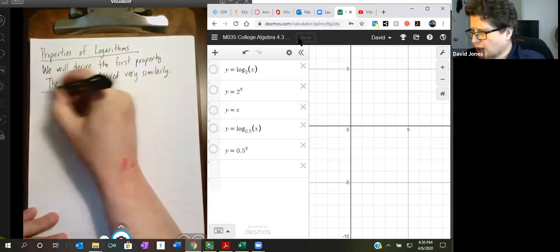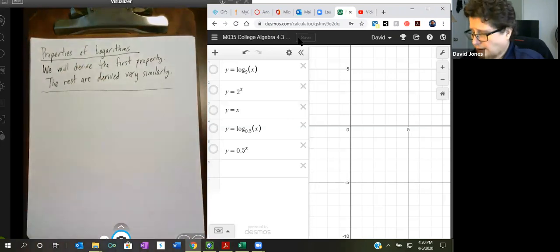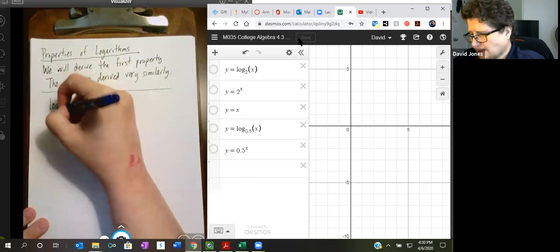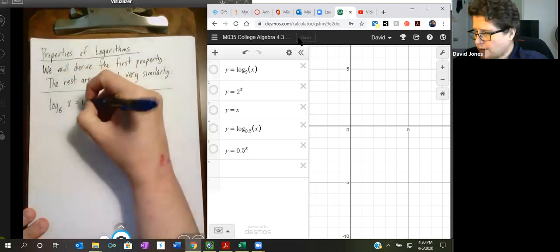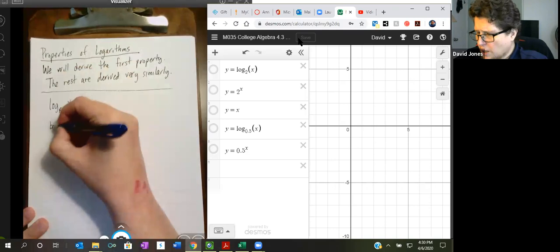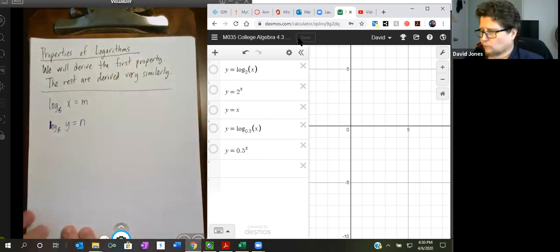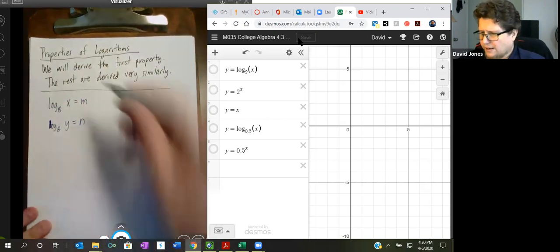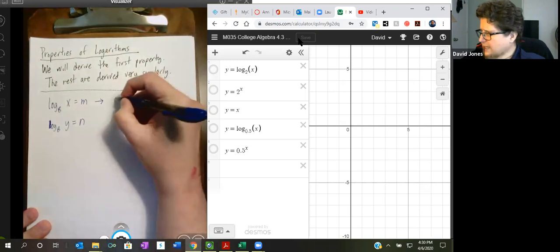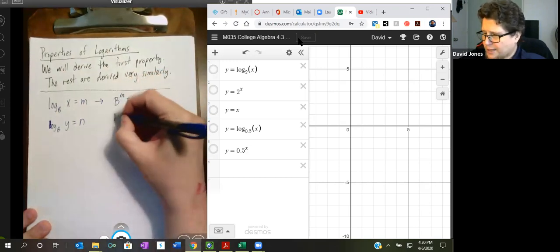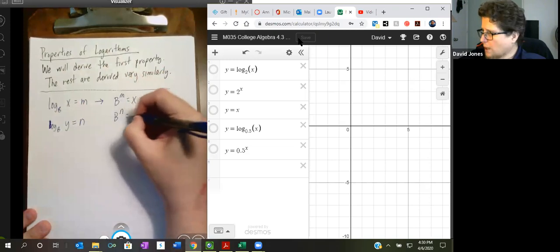So I'm going to start off with two things. I've got log base b of x equals m. And I'm going to say log base b of y equals n. Now, if I rewrite this, this is b to the m equals x. And this is b to the n equals y.